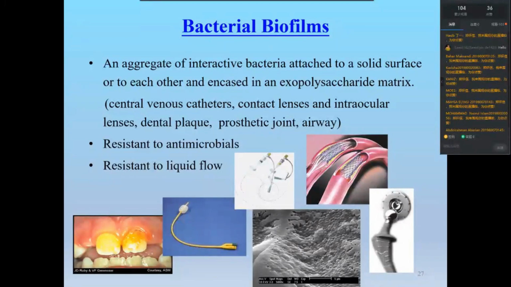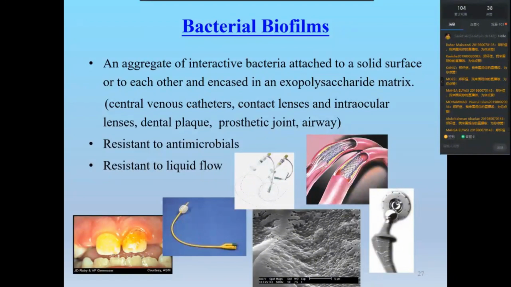Microorganisms, including bacteria, living in biofilms are more resistant to antimicrobial agents like antibiotics. They are more resistant to chemicals like bleach, and they are more resistant to liquid flow.